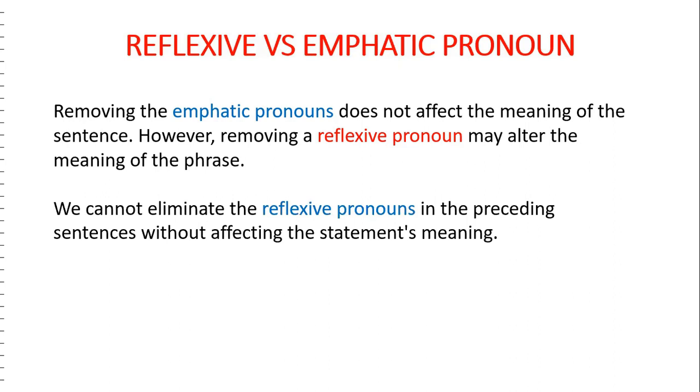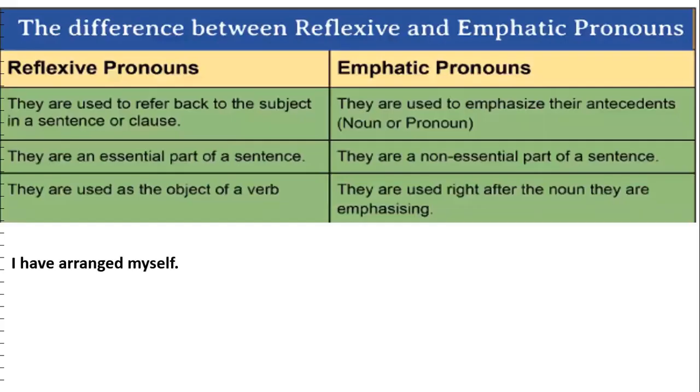On the other hand, a reflexive pronoun plays a significant role because it plays the role of object. Here is the difference between reflexive and emphatic pronoun. Reflexive pronouns are used to refer back to the subject in a sentence or clause. Emphatic pronouns are used to emphasize their antecedents, a noun or pronoun.